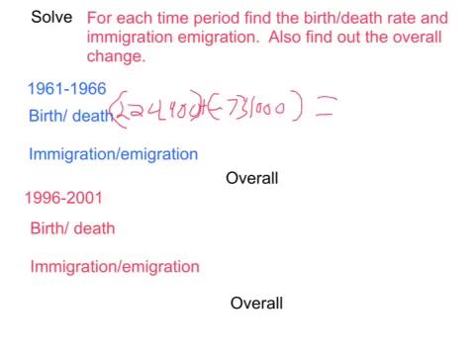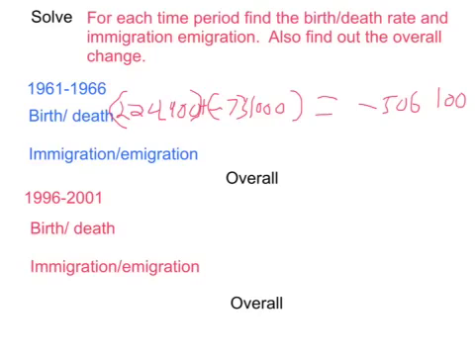And if I compare those or put those together, I will have a total of minus 506,100. So the population has decreased by 506,100 people because there were more deaths than there were births.